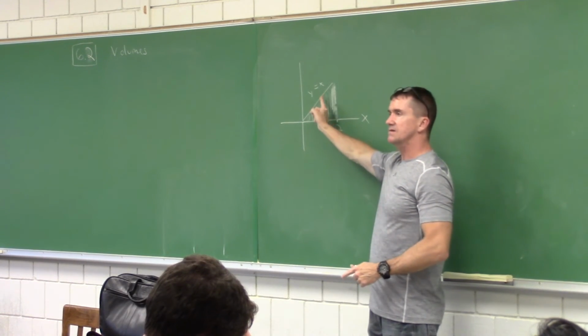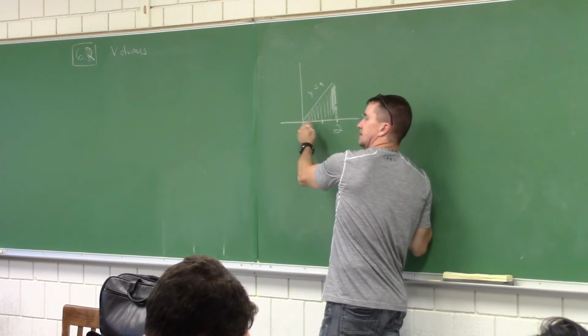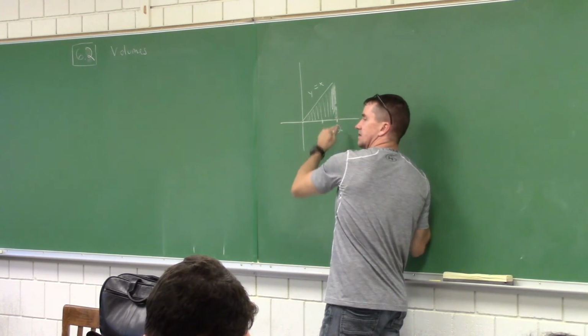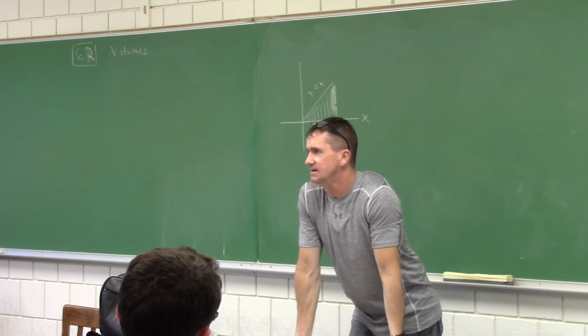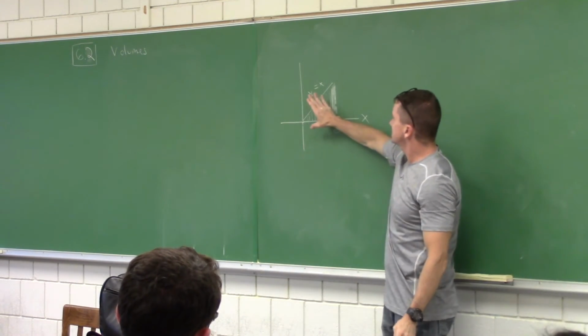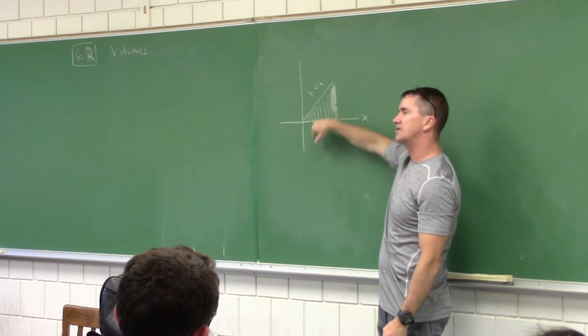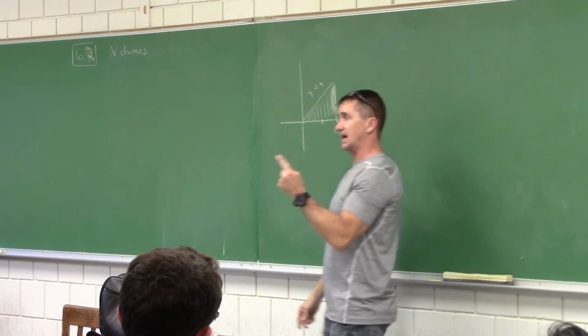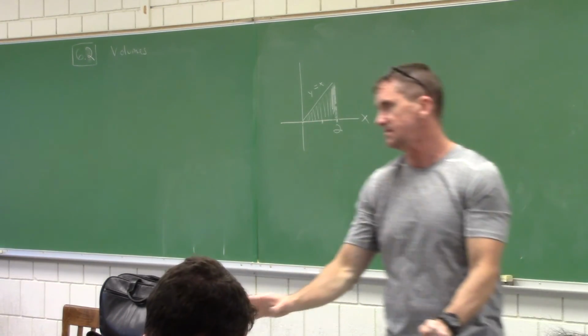Well, there's the area, y equals x. Take the area underneath y equals x and the x-axis from 0 to 2, and let's find the volume of the solid created when the area underneath this expression gets revolved around which axis? The x-axis. They have to specify which axis they're talking about, right?